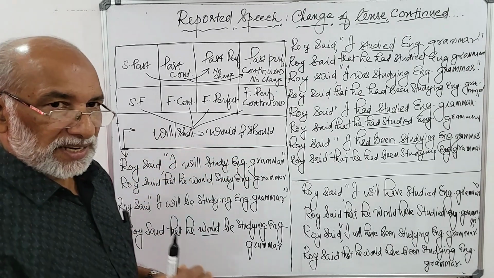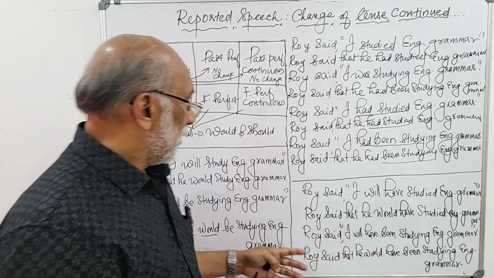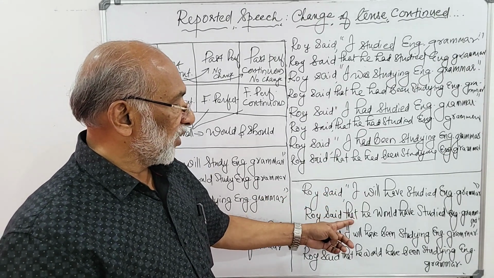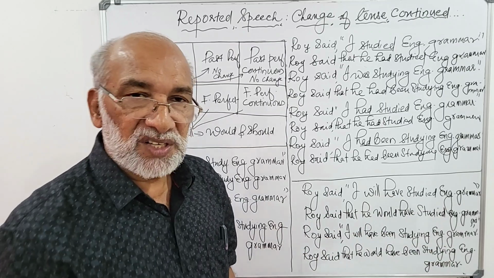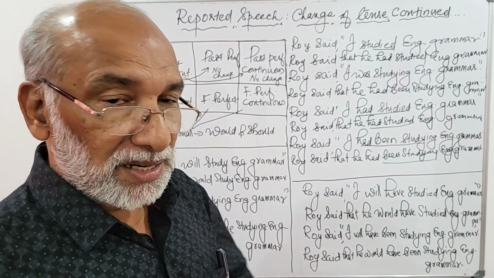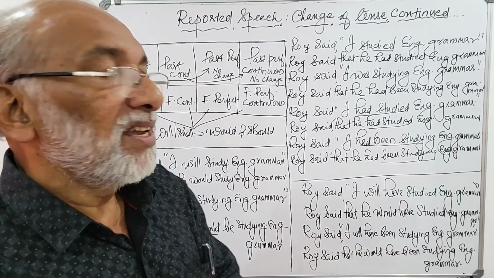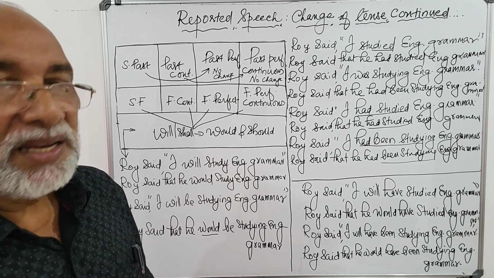And as an introduction, let me say, as in the case of past tense, rules regarding the proper reporting verb, conjunction that, change of pronouns, and place words and time words, it's all there. But regarding the verb, the only change is will and shall of the future tense becomes would and should.